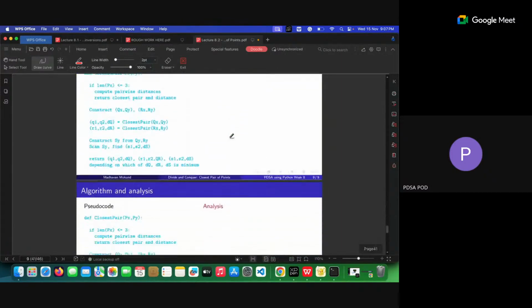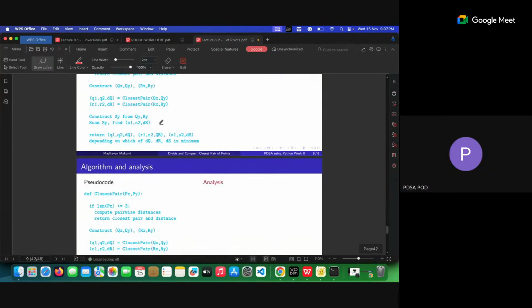This is the part, scanning from bottom up, that is finding S1, S2. That is called the shortest distance across boundaries. S1 is a point in the left partition. S2 is a point in the right partition. We try to find a distance which is called ds, the shortest distance. Fine. Which is called bottom up.